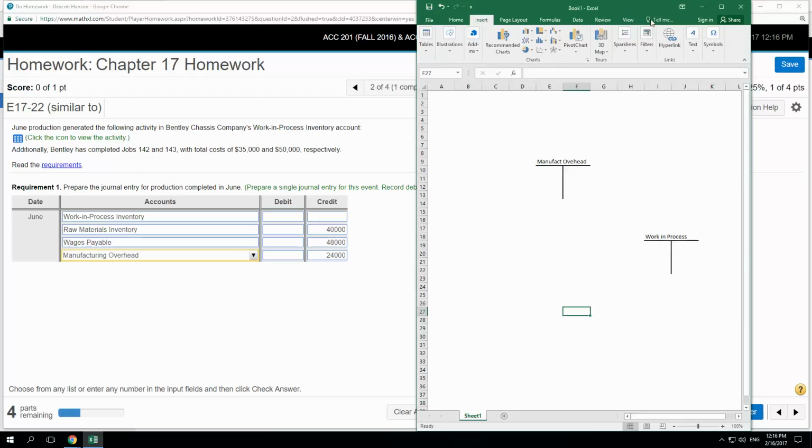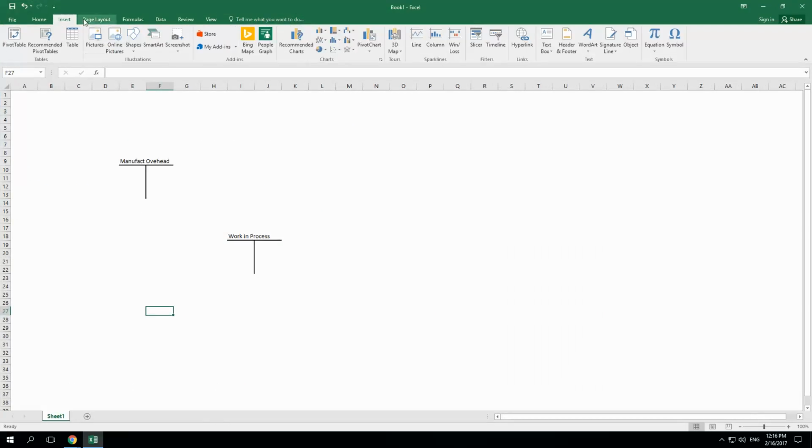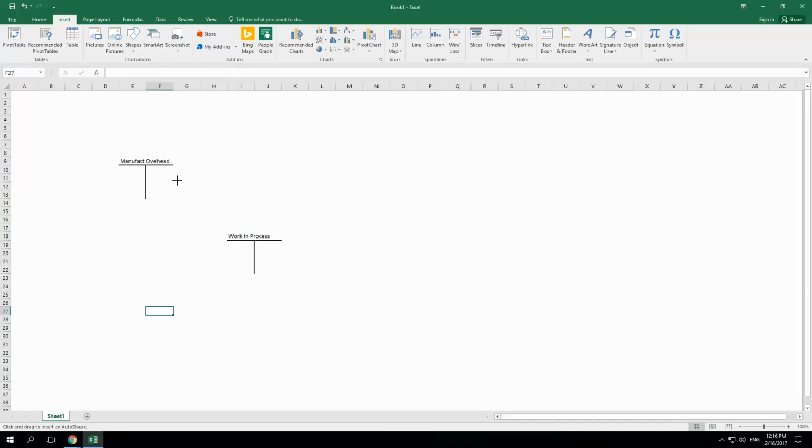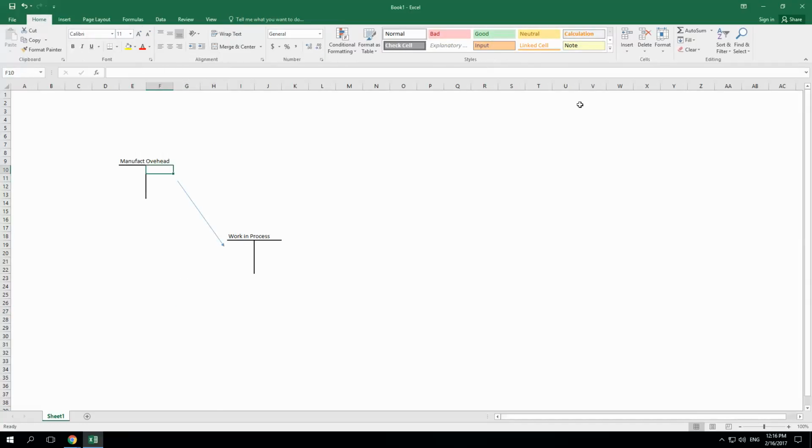Let's see here. Can I put something in to show this? So when they get assigned, they're going to move out of overhead into work in process. Assigned, sometimes called allocated. Okay, and work in process absorbs those costs. So you would have manufacturing overhead coming in.